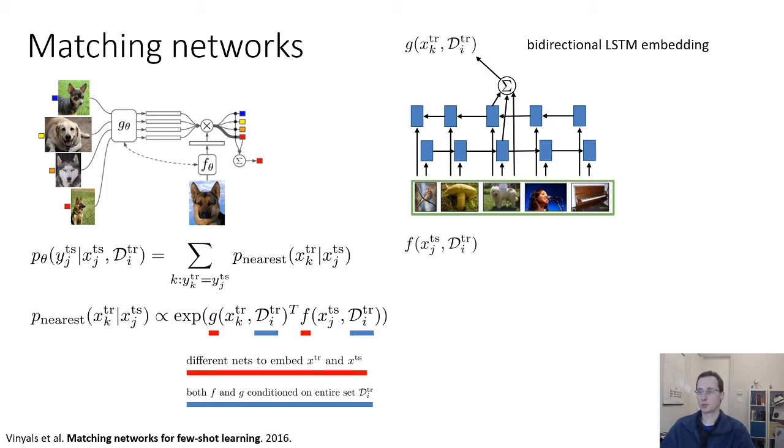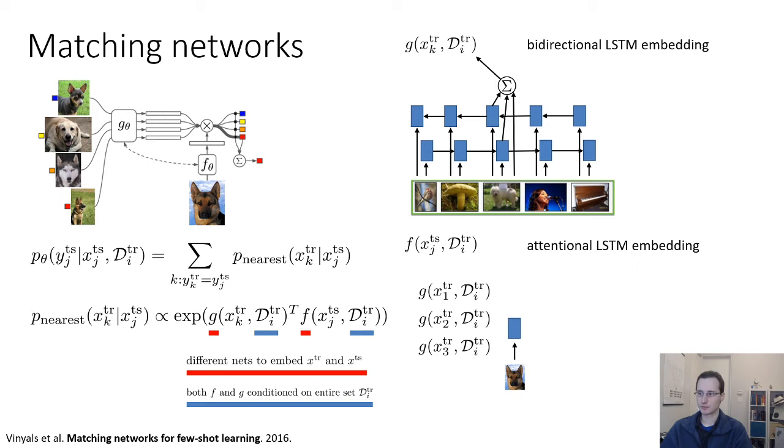The F function could in principle work the same way, but in this paper they chose a different, more complicated representation for it. So for the F function, for some reason, they decided to use an attentional LSTM embedding. Maybe they just wanted to mix things up a little bit. So they have all of the embeddings from G, and these are formed by that bidirectional LSTM.